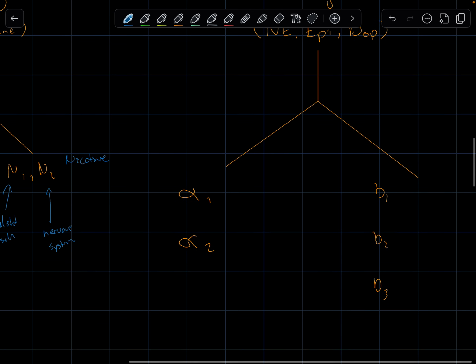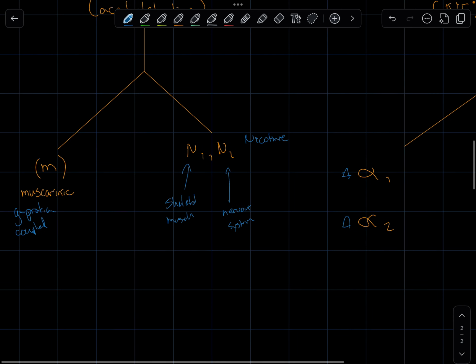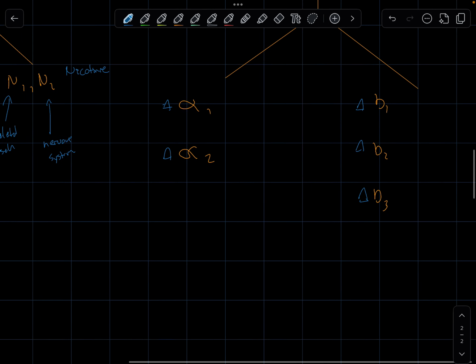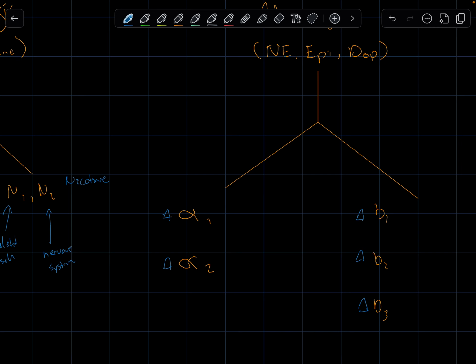These are all G protein coupled receptors, so just know if I put this triangle there, that's G protein coupled receptors. Okay, and muscarinic, those actually go M1 through M5.